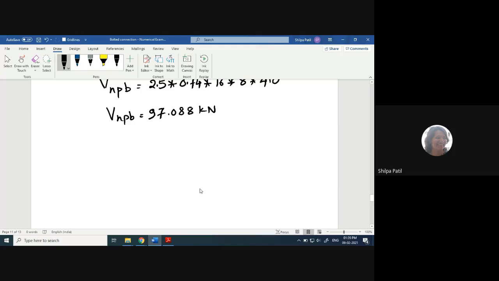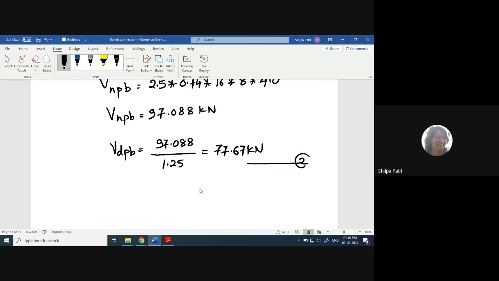Now we have to find out Vdpb, which is Vnpb divided by gamma mb. Gamma mb is 1.25. So tell me the value. 77.67.